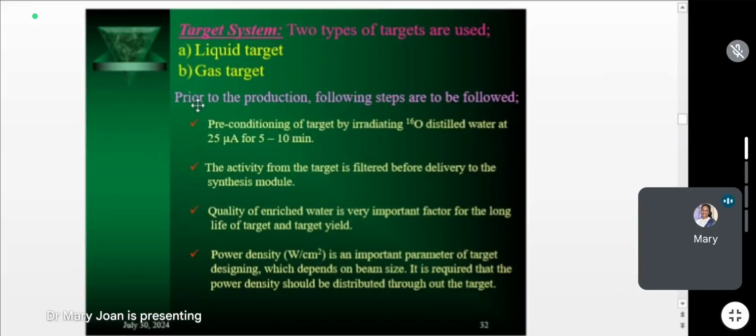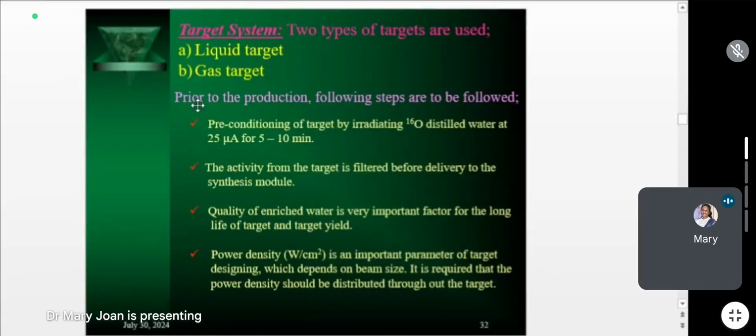There are two types of target system which are used. It can be either a liquid target or a gas target, as we have already seen. Prior to the production, the following steps are to be followed. Preconditioning of the target by irradiating oxygen 16 distilled water at 25 microampere for 10 to 15 minutes.